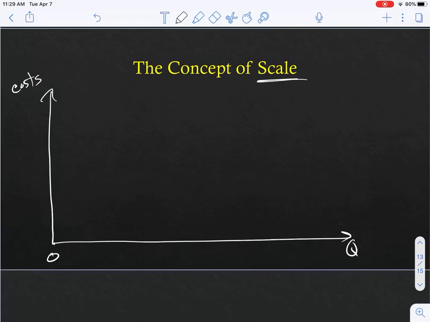So you can have short-run average total cost curves for different size operations. If you're making sandwiches out of your kitchen, you might have a short-run average total cost curve that looks like this. That's kind of sloppy. Let me try that again. There we go. Short-run average total cost curve 1.